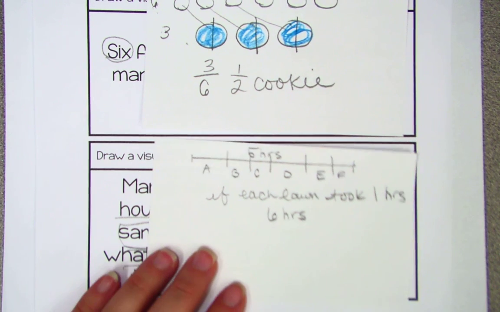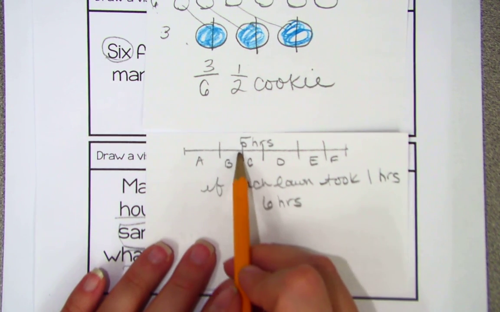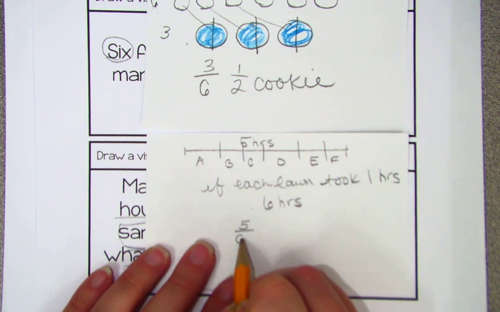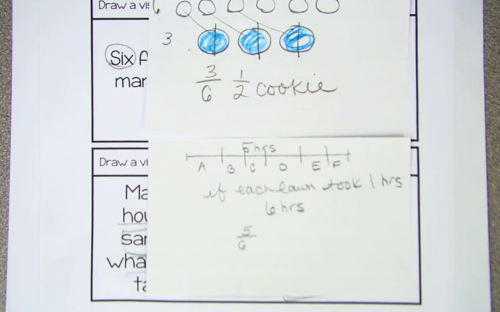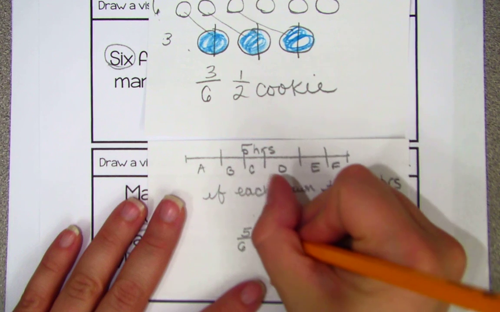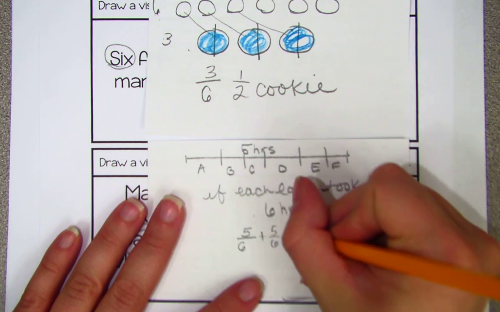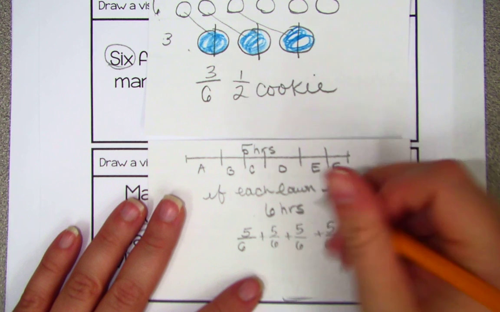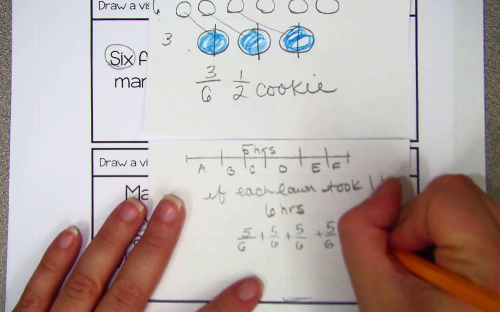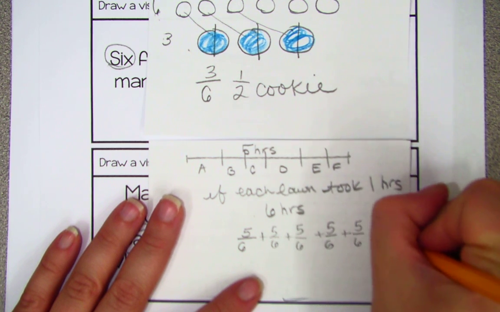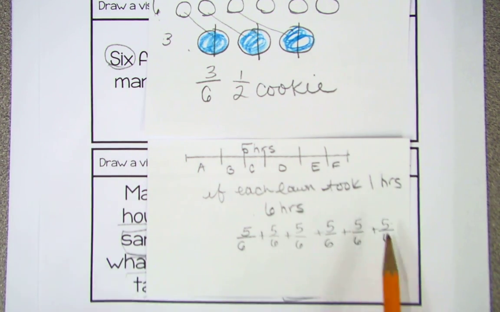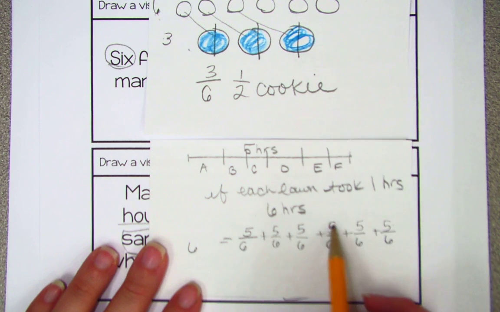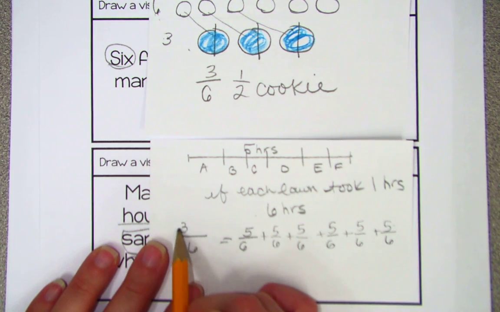So 6 can't go on top. 5's going to go on top, right? So 5/6. Now someone said, well, Miss Hine, how do you know if that's what the hour is, right? Well, if I did 5/6 plus 5/6 plus 5/6, six times, the 6 is going to stay here the whole time, right? 5, 10, 15, 20, 25, 30.